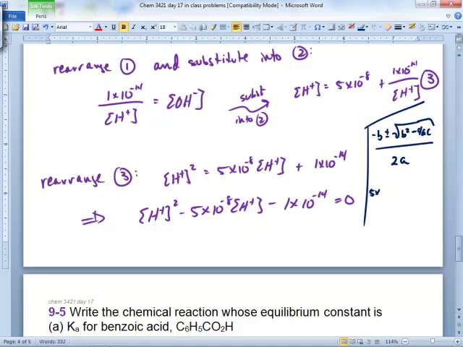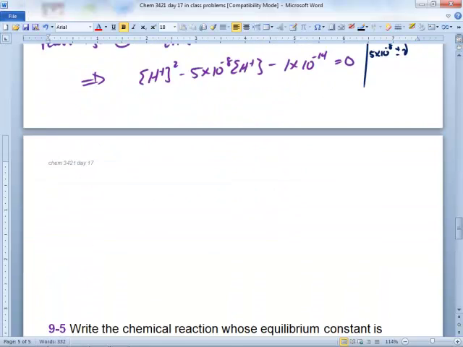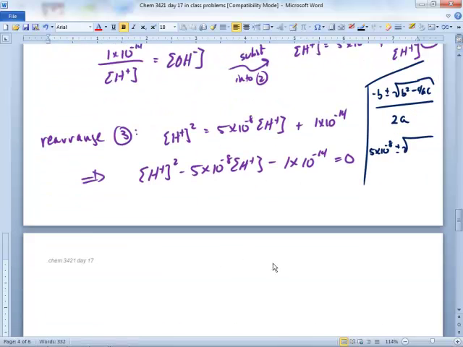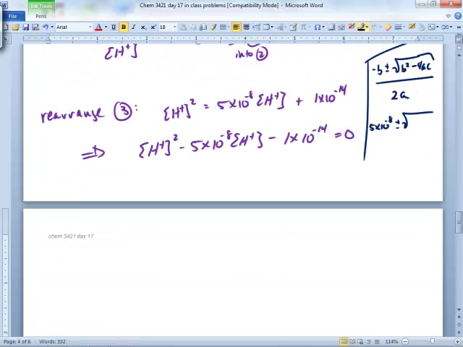So I'll have 5 times 10 to the negative 8 plus or minus the square root of 5 times 10 negative 8 squared.